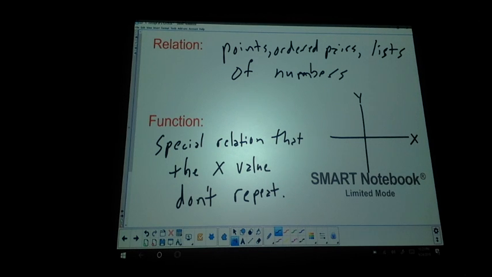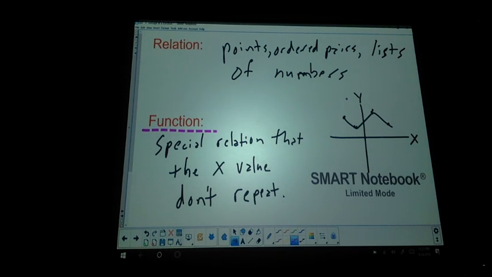Does this seem okay so far? So far we're just talking about, if I had points plotted, that's a relation. If I connected those points, it could still be a relation. But if our x values don't repeat, we have ourselves something called a function.